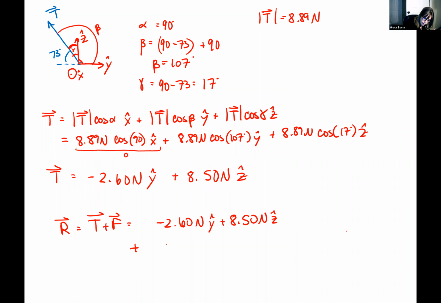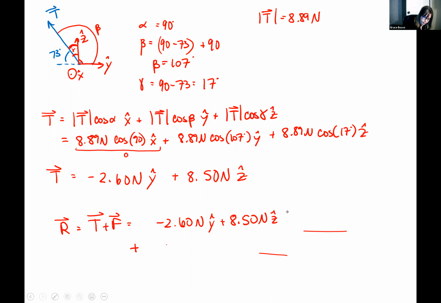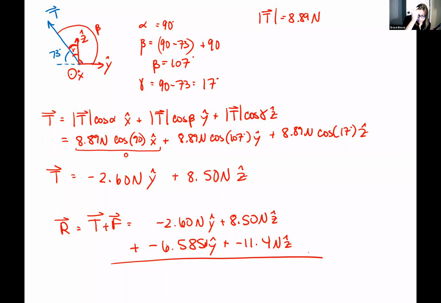Vector f was 6.585. All right, so those were our two vectors in component form.